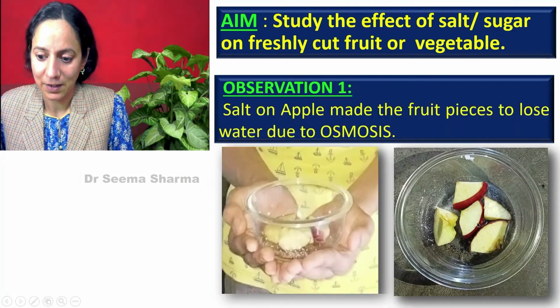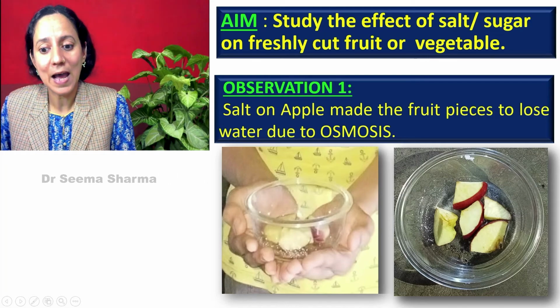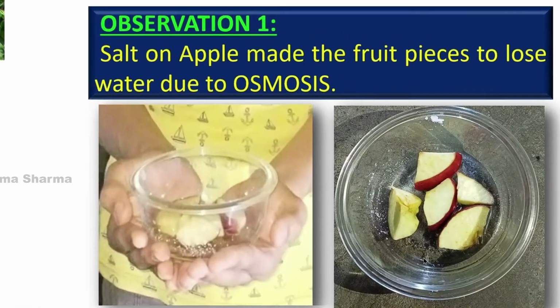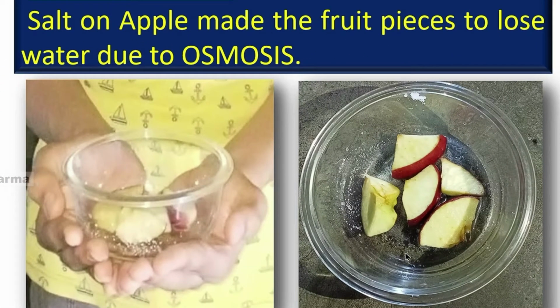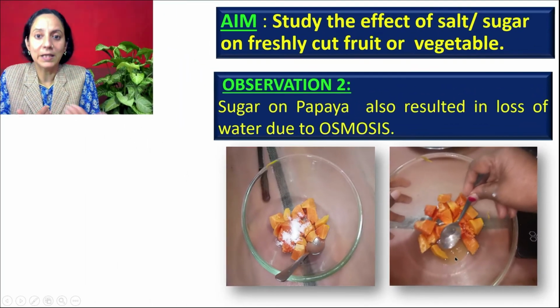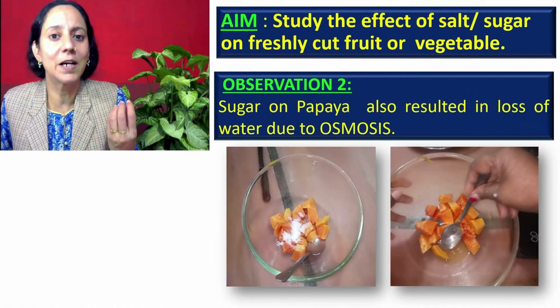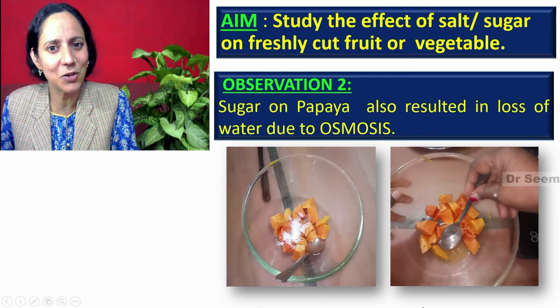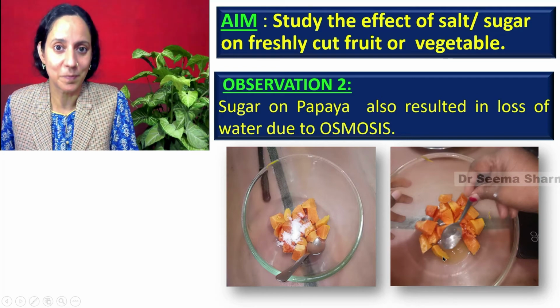After half an hour, it was seen the salt on apple made the fruit pieces lose water due to osmosis, and it's visible in this glass bowl. A similar activity was carried out with papaya, and by sprinkling sugar on it, it also resulted in the loss of water due to osmosis. So if we remove water from any food or vegetable, then even if microorganisms are present inside, how will they grow? Water is required for all living organisms to grow.